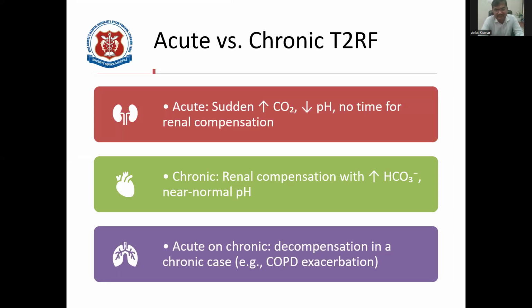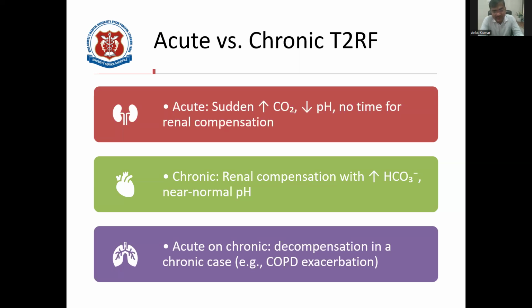Now, let's see what is the difference between acute and chronic type 2 respiratory failure. Acute type 2 respiratory failure develops suddenly. It does not give the kidney time to compensate the high CO2 level, to compensate the acidic pH caused by high CO2.